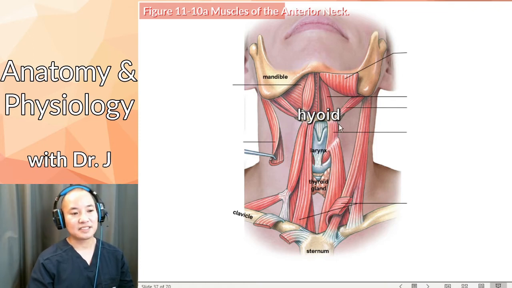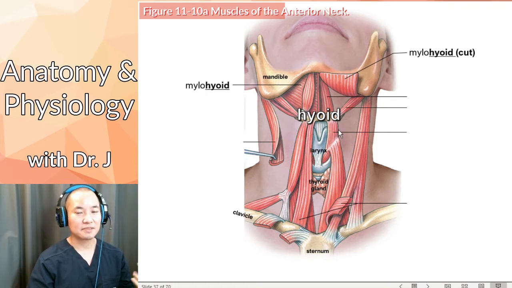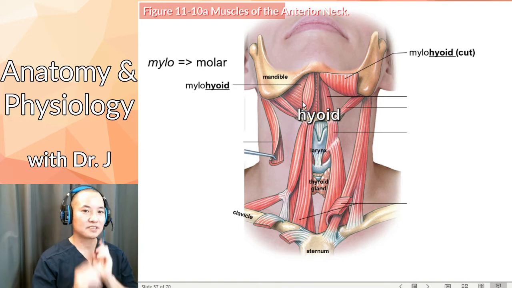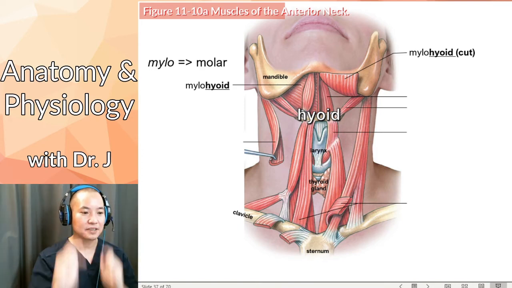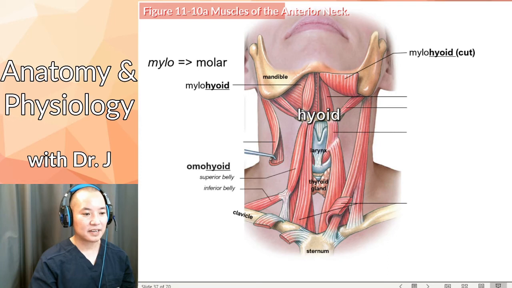But why do I point this out? Well, we did talk about the omohyoid. There's also this term mylohyoid, which I think they borrow from Greek. Mylo means molar, but where are your molars? Hey, they're in the back of your mouth, the posterior. Notice that the mylohyoid is running from the posterior of your jaw to your hyoid. Then you have the omohyoid.